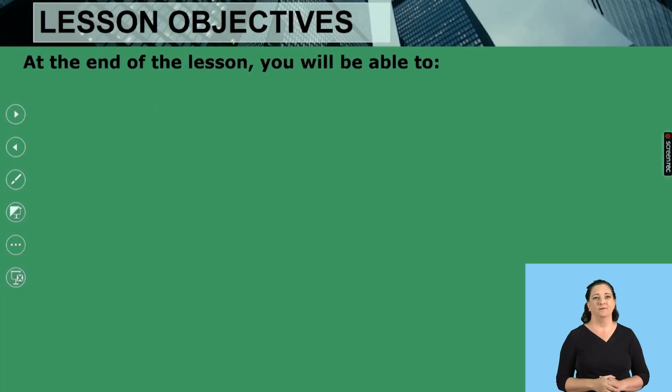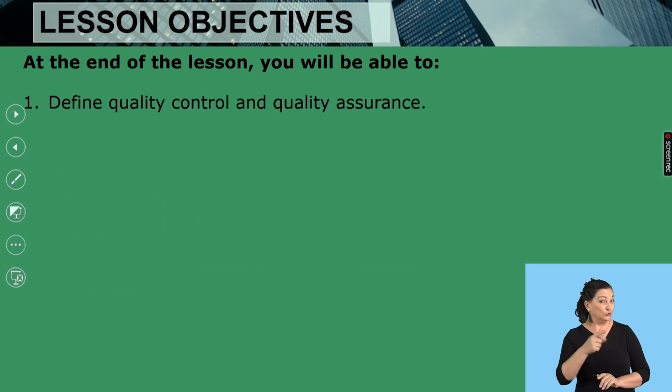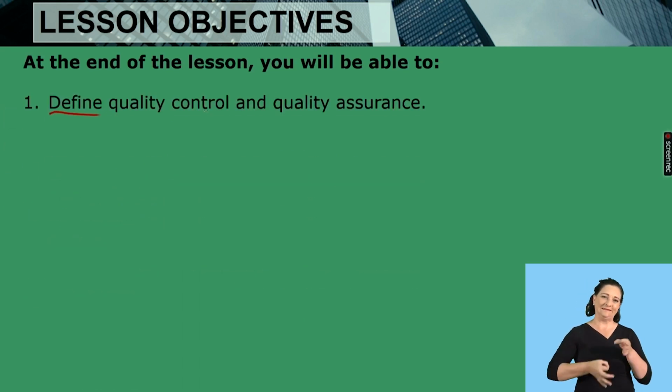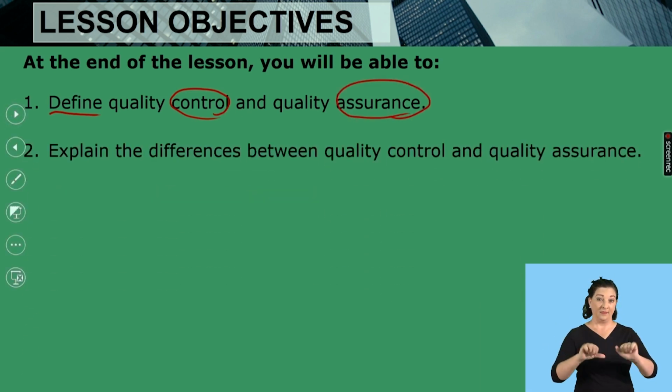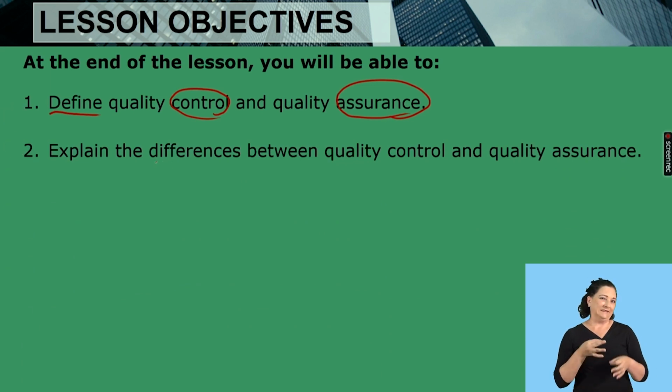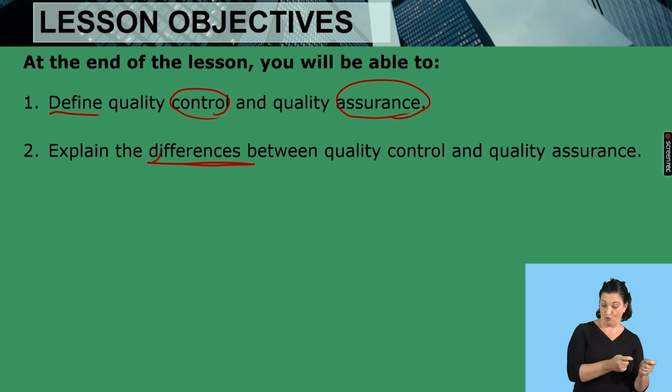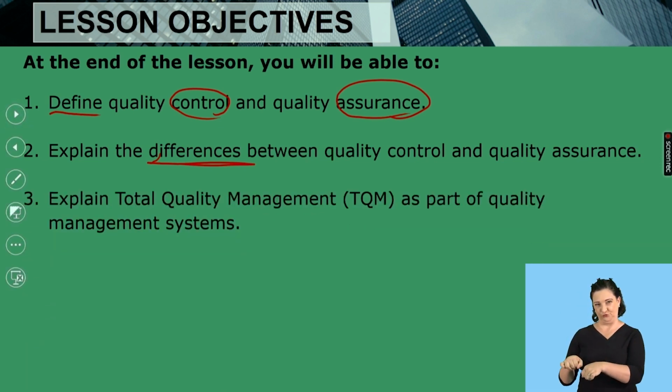Now, grade 11s, in today's lesson, you should be able to define quality control as well as quality assurance. You must then be able to explain the differences between quality control as well as quality assurance.